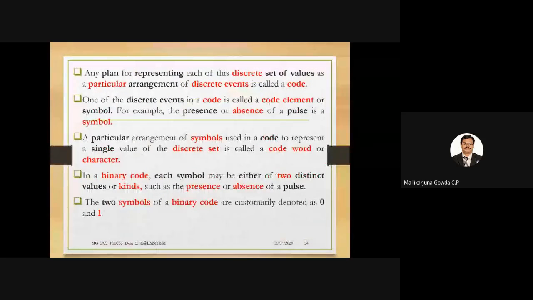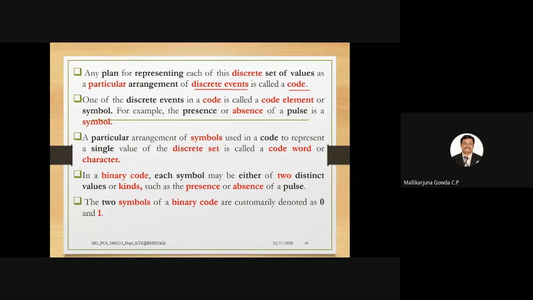Any plan for representing each of these discrete set of values as a particular arrangement of discrete events, we call that a code, a line code. You will understand the meaning of this when I take up the example.